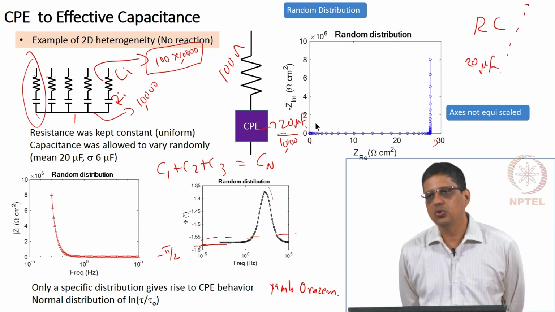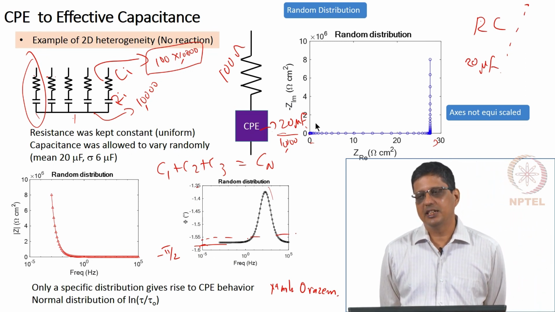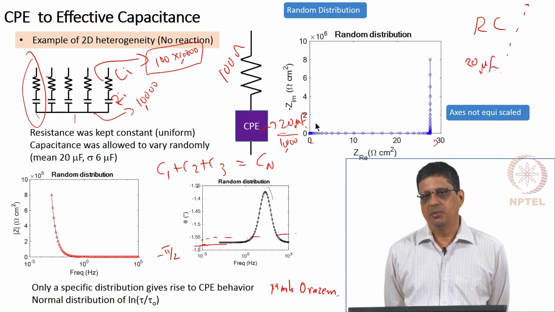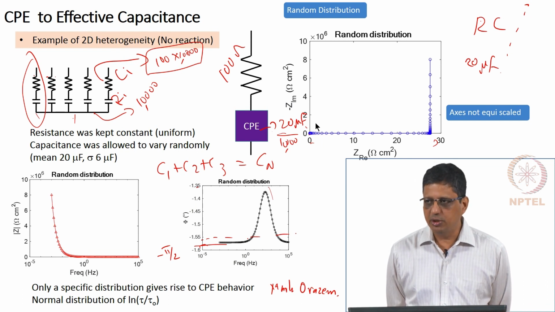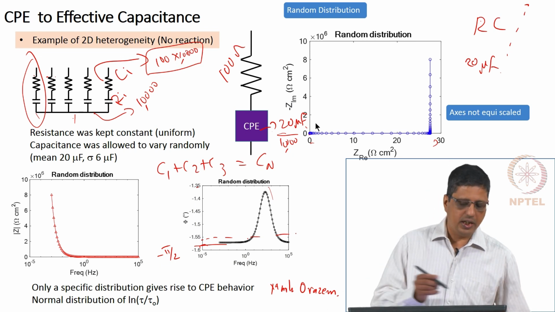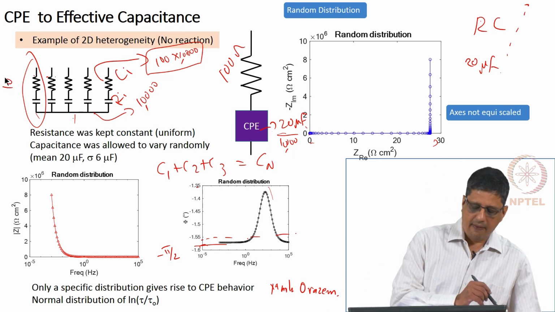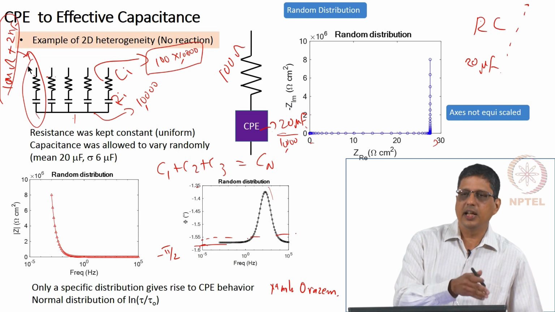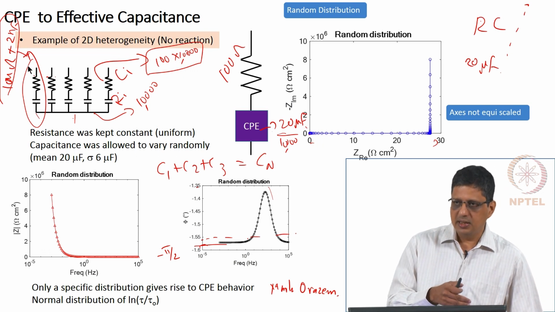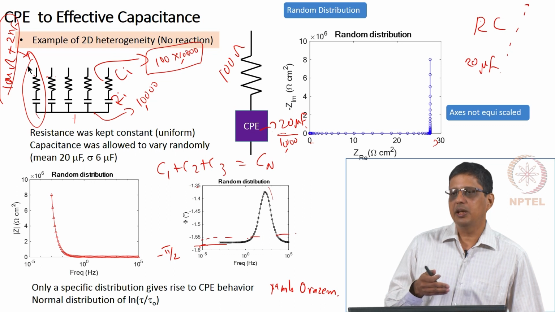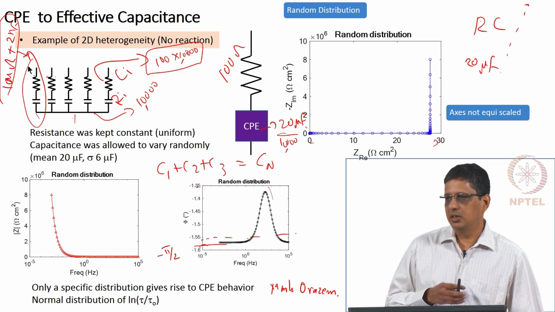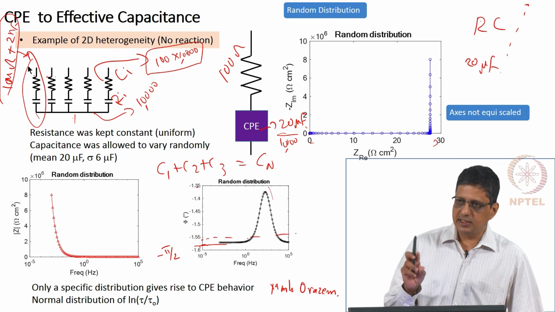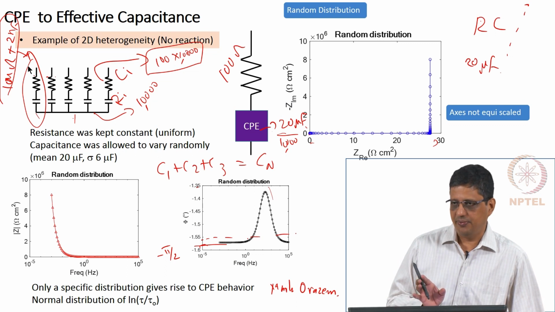If I use exactly 2 nanofarad each, then there will not be any CPE distribution, because resistance is uniformly distributed, the capacitance is also uniformly distributed. So, all that I need to do is take this element of 1 mega ohm plus 2 nanofarad, calculate the impedance or admittance, and multiply that by 10,000 times to get the final admittance. So, that is going to be a proper resistor plus a capacitor, that is all.